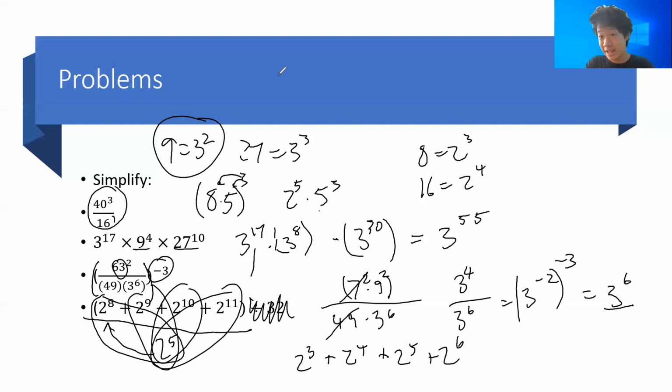Well, we're adding these exponents, so we cannot do anything to simplify this anymore. But we can just add them together because these numbers are entirely feasible, right? 2 to the 3rd is 8, plus 16 plus 32, plus 2 to the 6th, which is 64. So these are not that big of numbers, so you can just add them together, and you should get 120. Are there any questions?